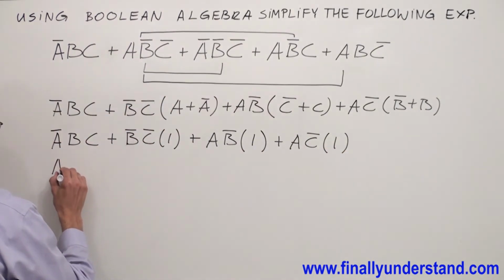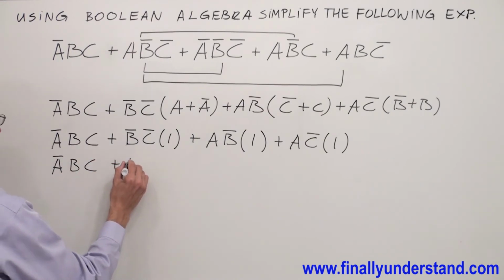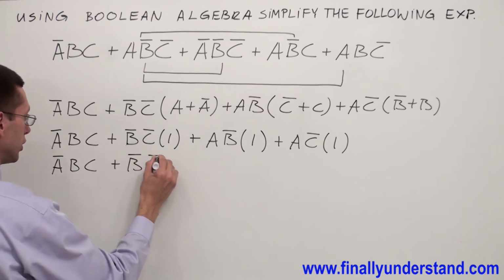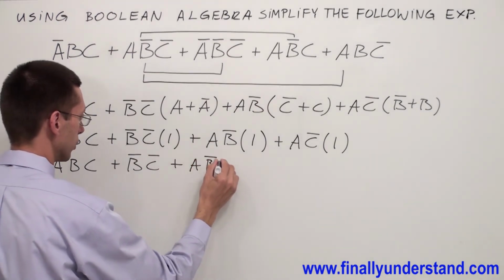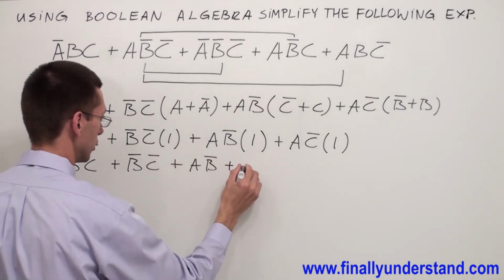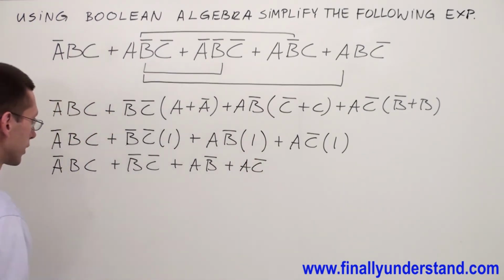So I'm going to end up with a naught, b, c, or b naught, c naught, or a, b naught, or a, c naught. Let's take a look what we can do with this term.